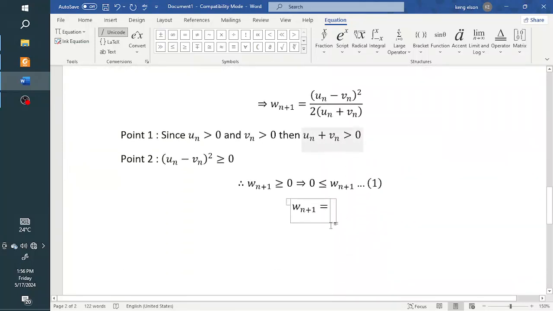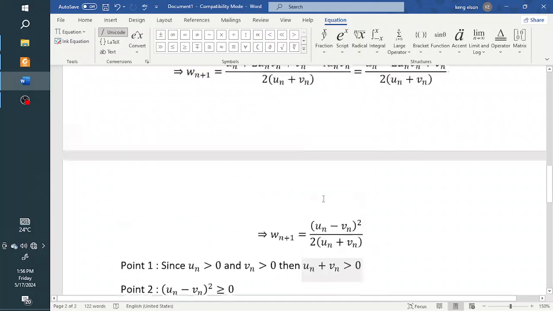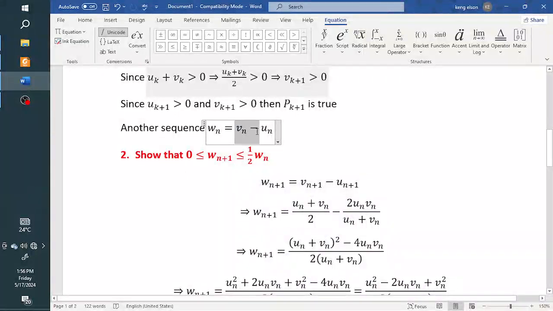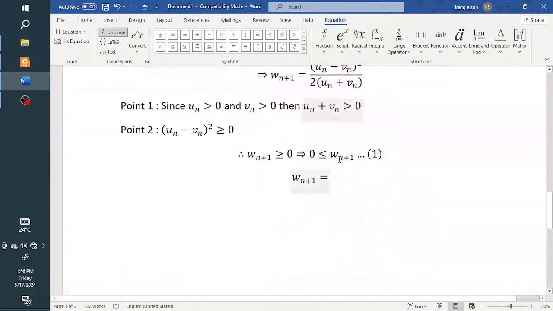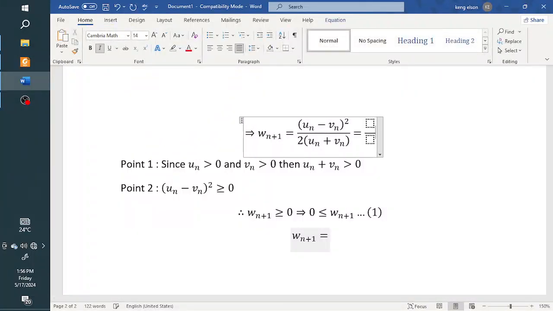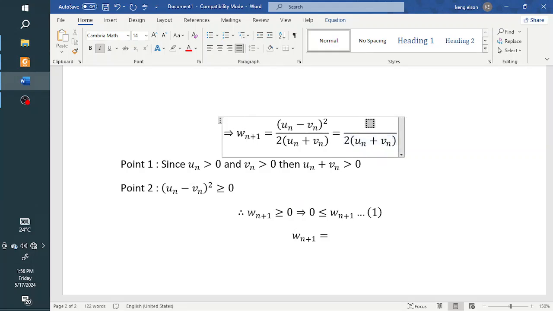we could rewrite it as, now what is wn? Wn is vn minus un. So I will first of all try to rewrite this. Since there is a square there, my denominator I'll still have this. Now let's go to the numerator.